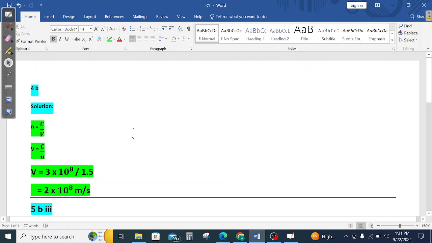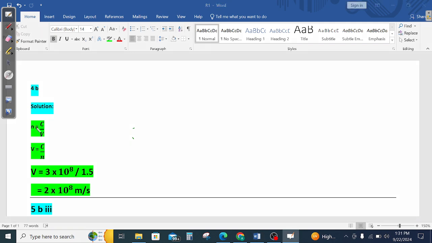The formula of refractive index is n is equal to speed of light in air divided by speed of light in medium. So speed of light is represented by c, and speed of light in the medium is represented by v. So you have to find the v. You have to replace v with the n. You will get c by n.